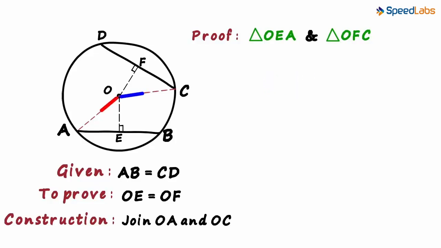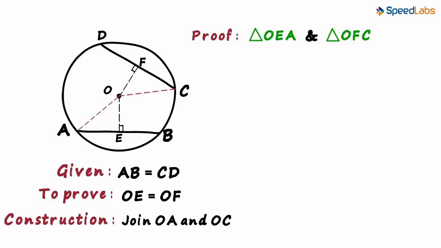But apart from the hypotenuse, which are the other sides we need to prove equal? OE and OF are eliminated since they are the ones we want to prove equal. So only sides AE and CF remain. If we prove these two sides equal, then the two triangles will be congruent.